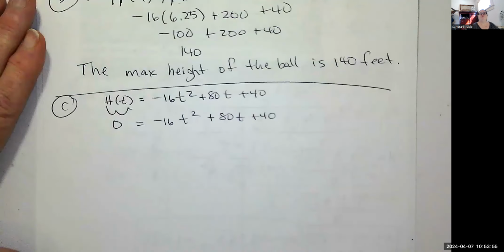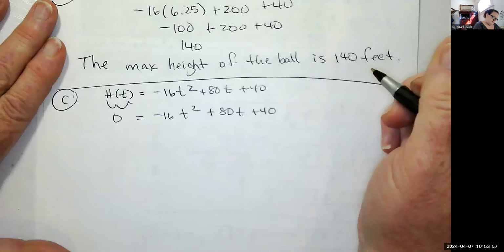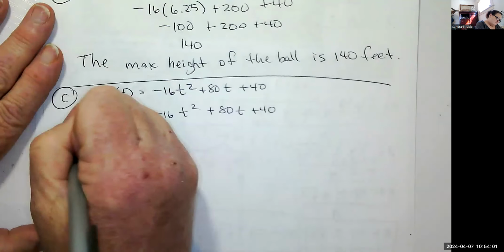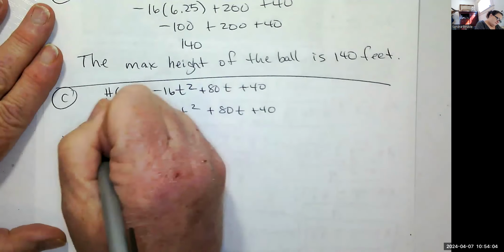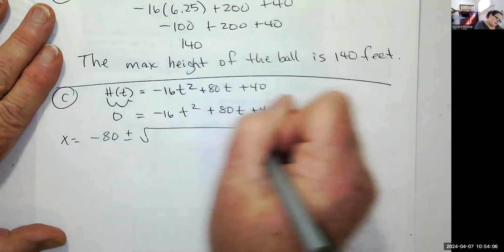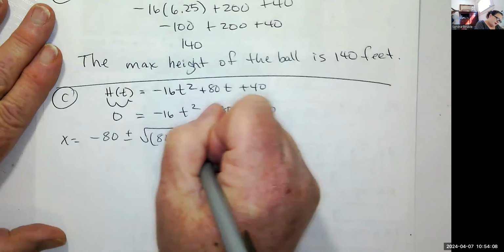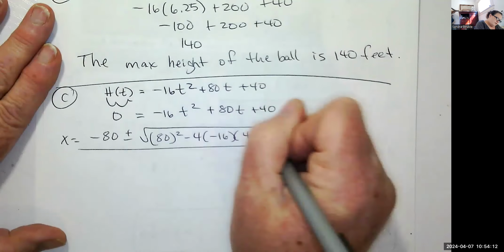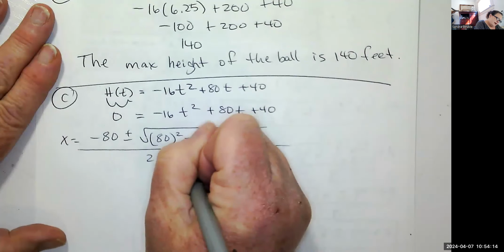And I'm just going to solve. I do not want to fraction this, so I'm going to use the quadratic. Negative b plus or minus the square root of b squared minus 4ac all over 2 times a.